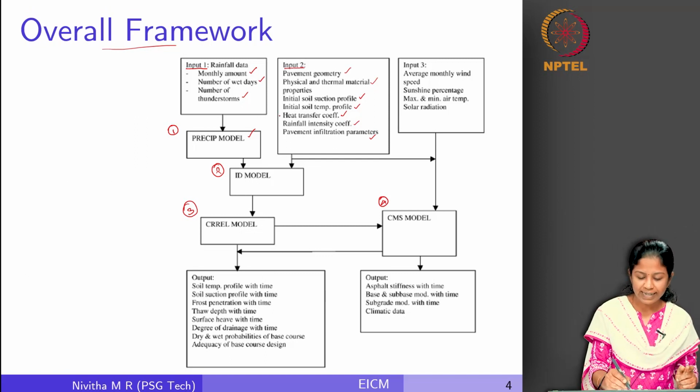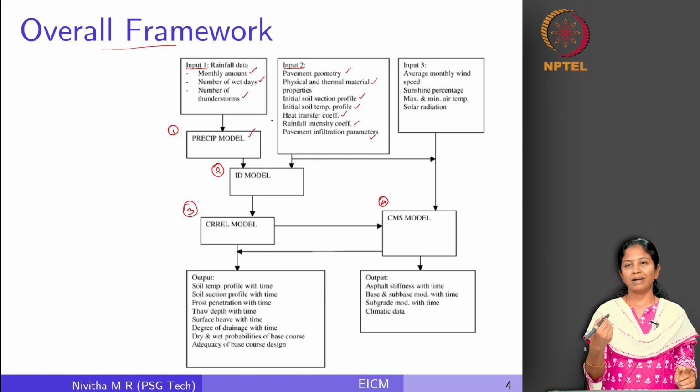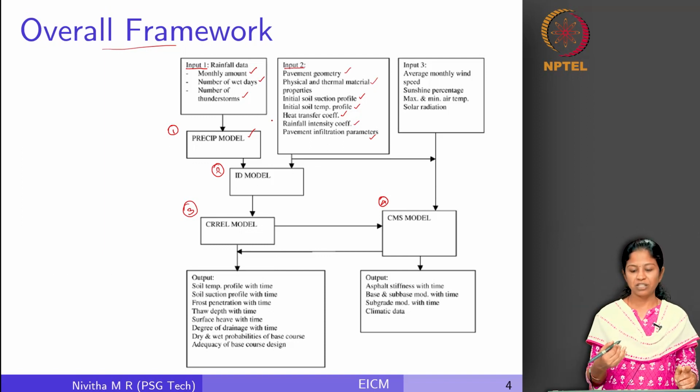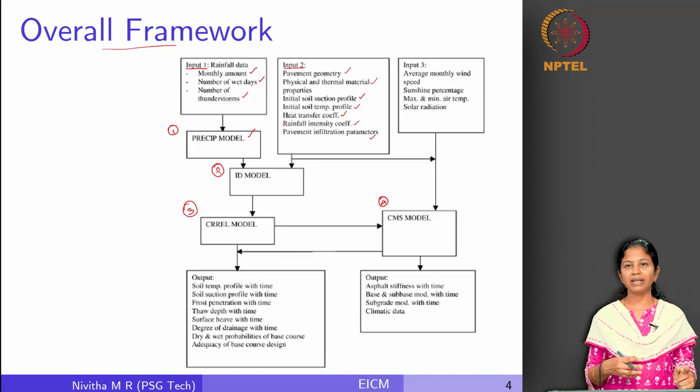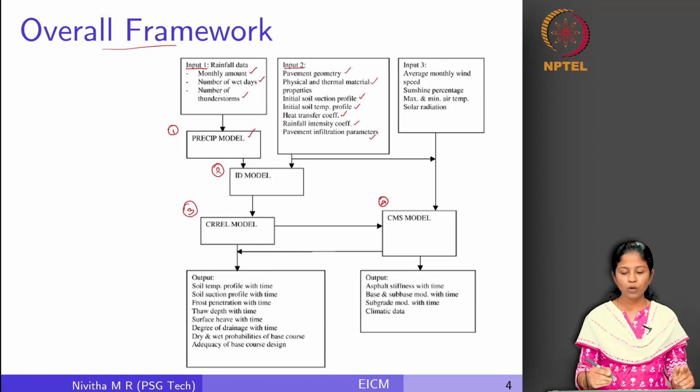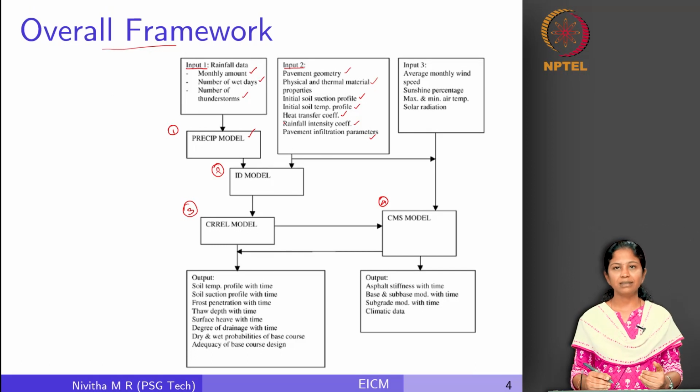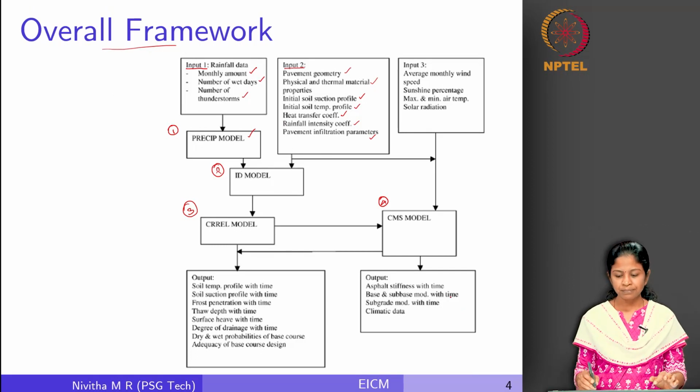This heat transfer coefficient is used for calculating the variation of temperature along the depth. This rainfall intensity coefficient calculates how much infiltration can happen for a given rainfall, and so on. Like that, each parameter is used in some computation with regard to the infiltration process.